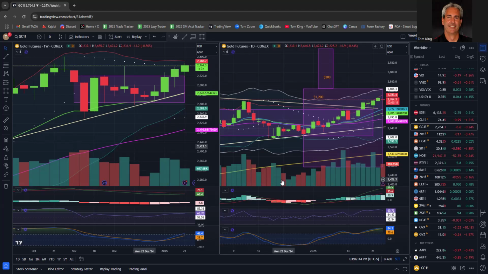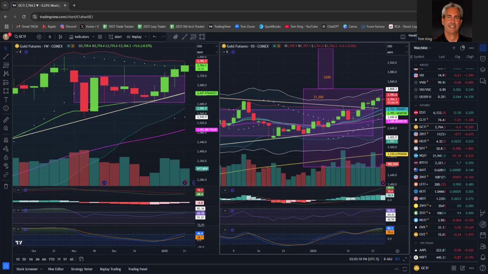But what I did test was what RSI gave me a higher win rate and a higher P&L. I found that anything between 40 and 60 on RSI gave me a higher win rate and a higher P&L on my strangles. So when I redid my trade plan, that's now in the trading plan.